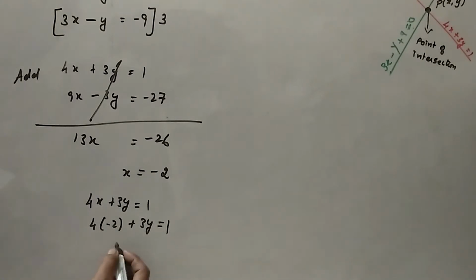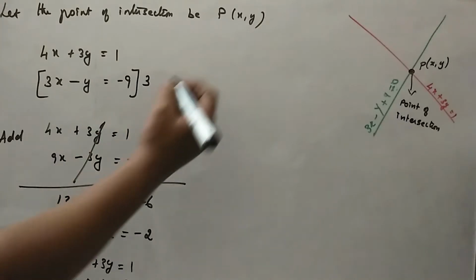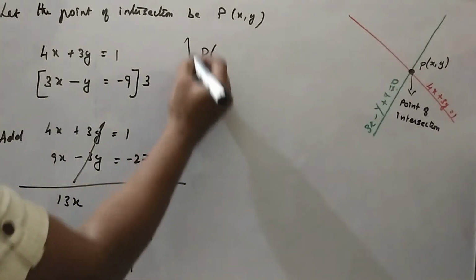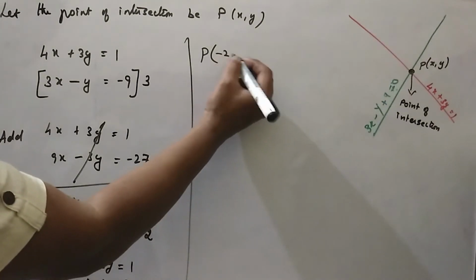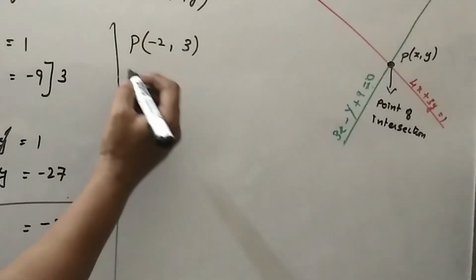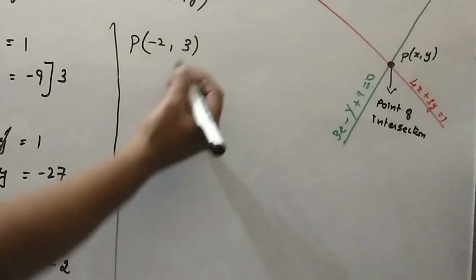Then you will get 3y is equal to 1 plus 8. y is equal to 9 divided by 3, you will get 3. So, we know P is minus 2 and 3. You got the point P: minus 2, 3.